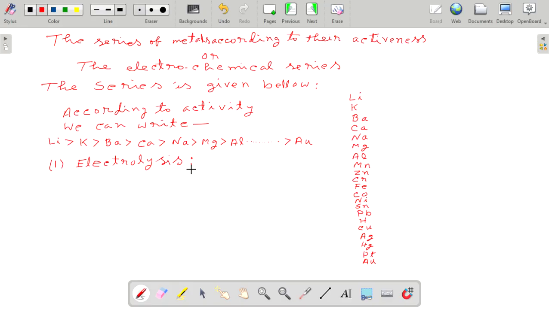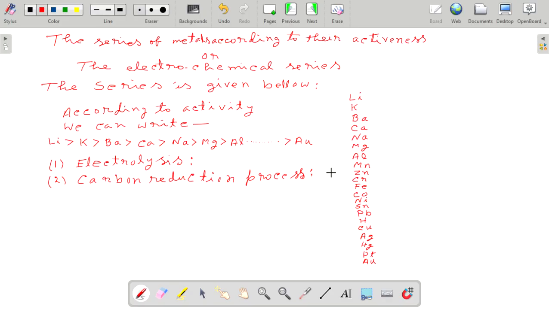Number 2, the process is the carbon reduction process.